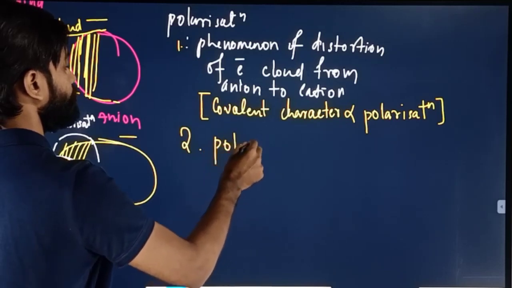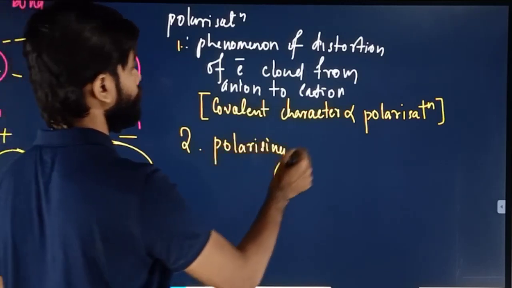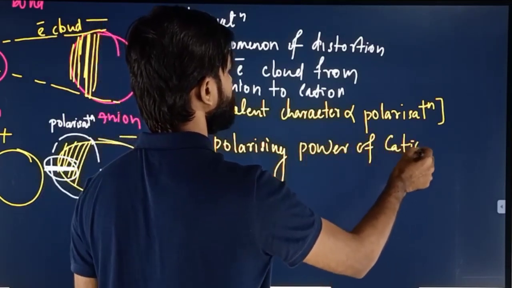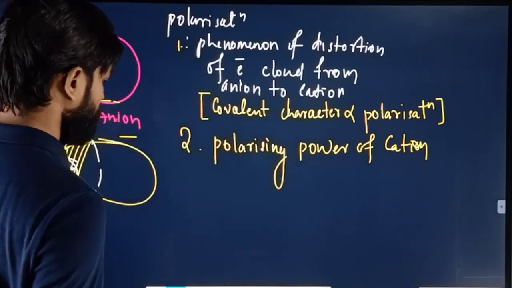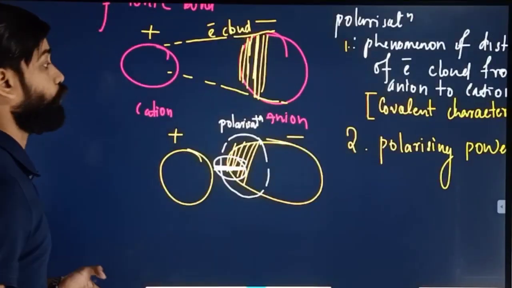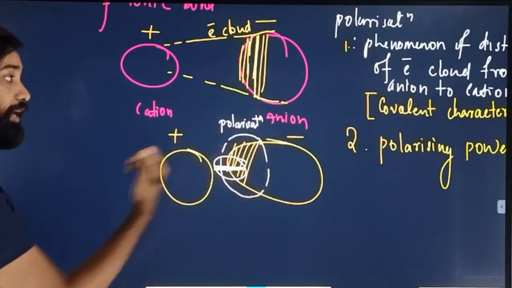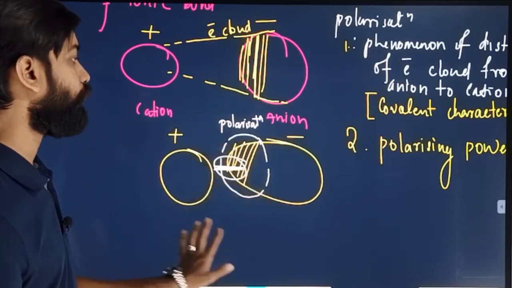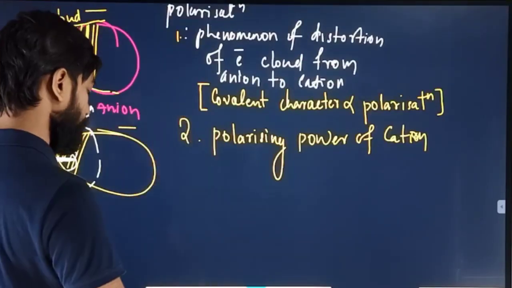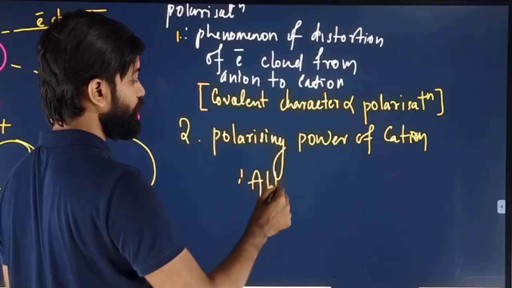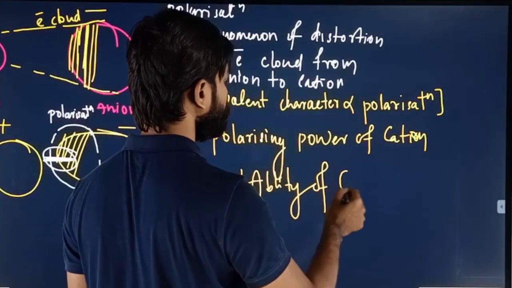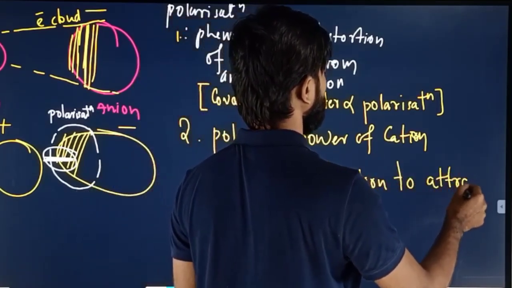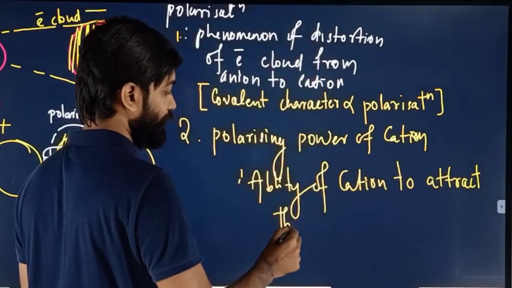Number 2: polarizing power of cation. What is the polarizing power of cation? The cation has a role in polarization. The cation attracts the electron density from the anion, and that ability of the cation to attract the electron density from the anion is called the polarizing power of cation.